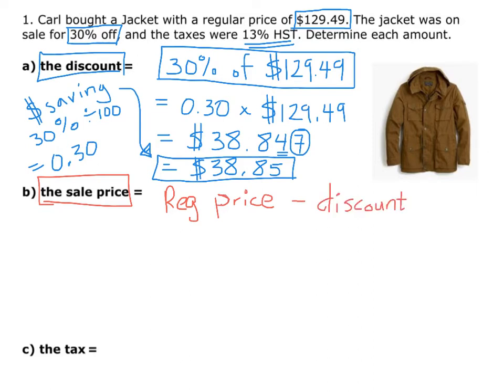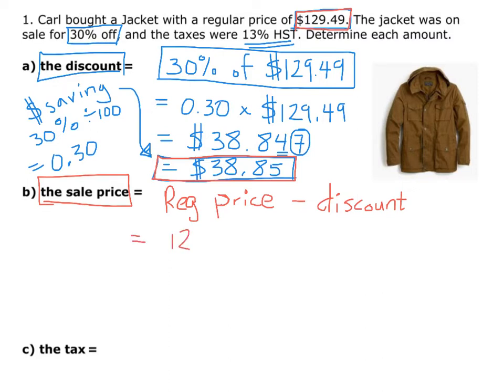So the sale price is always whatever the regular price is, which we know is $129.49. And then we're going to subtract how much Carl is saving, which is that amount, $38.85. So that's all I'm going to do.